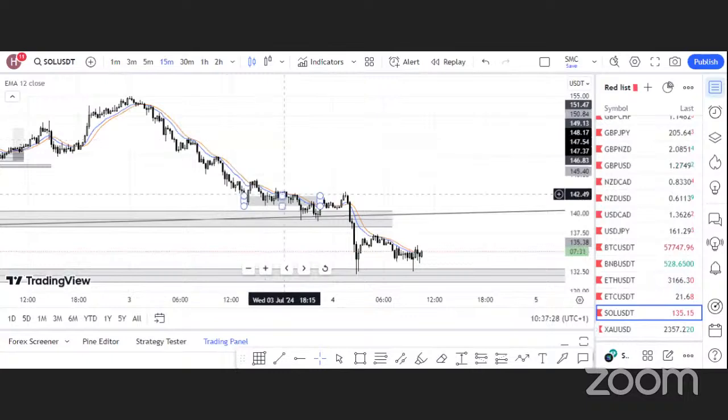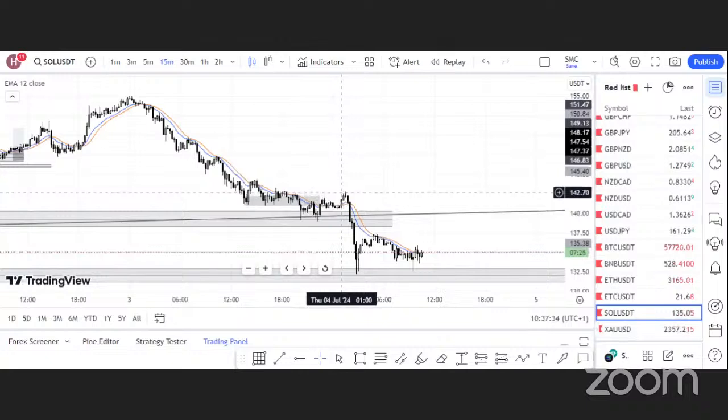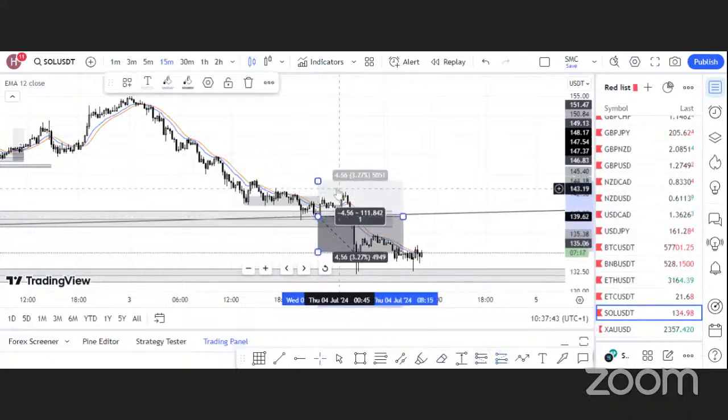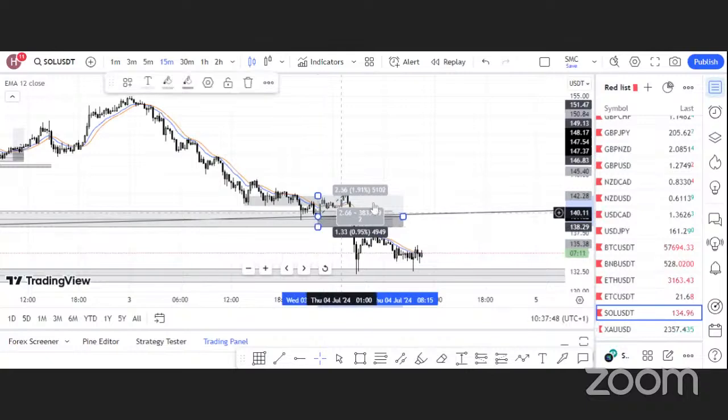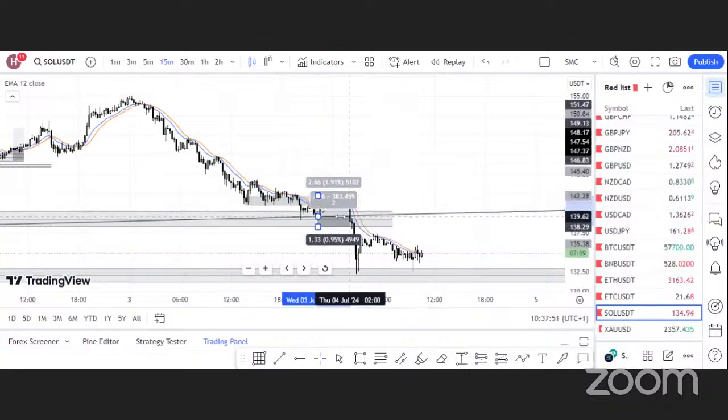Let's go to the 15 minutes time frame. You see, so we have the movement from here to this level. So let's see if I had taken this trade, how much would I have made? How many pips would I have gotten from such movement? So I want to see my risk to reward ratio.